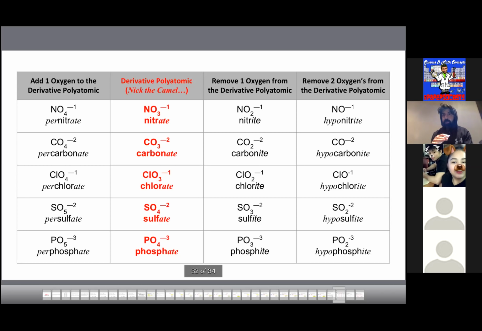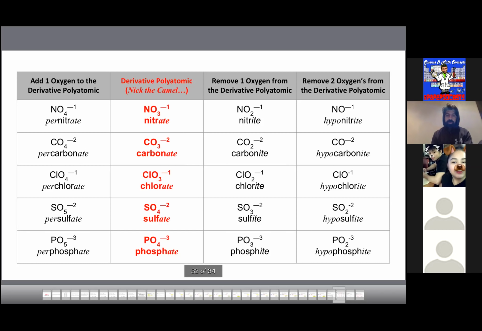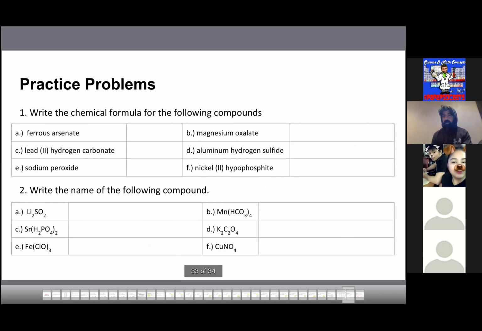All the carbon ones are all the same. All the chlorine ones, all the same. The charge does not change. So all the charges for carbonate, regardless of whether we lose one oxygen or lose 2, the charge does not change.